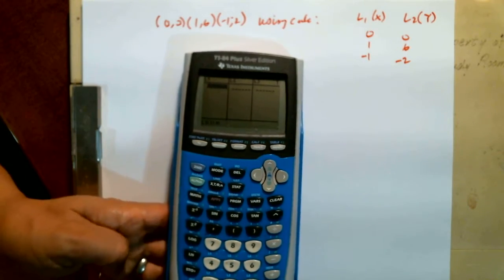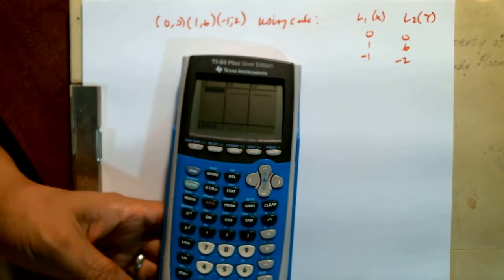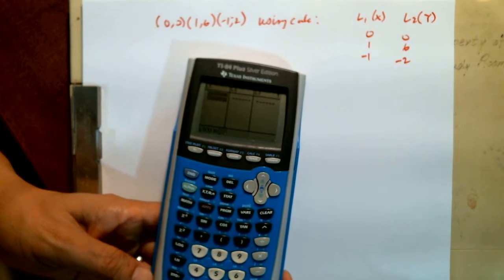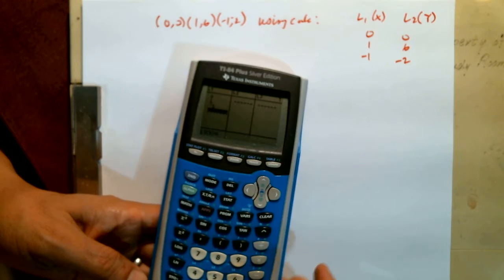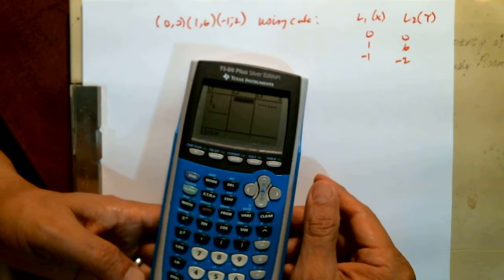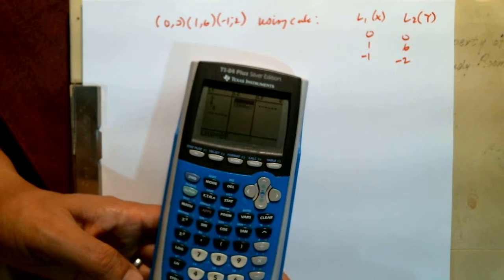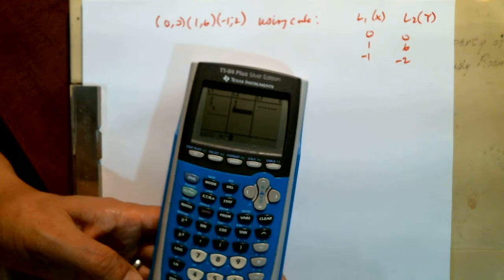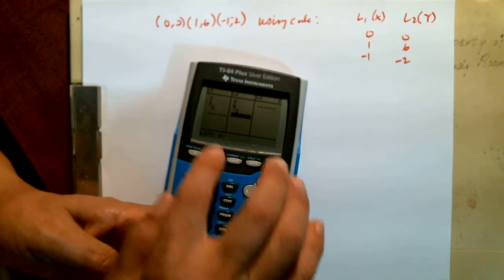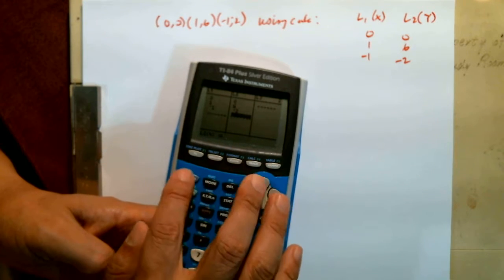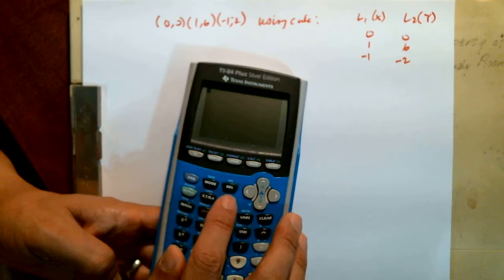Let's see if that works or not. List 1 is 0, enter, 1, enter, -1, enter. Use the right arrow key to get to the list 2 column. 0, enter, 6, enter, -2, enter. Okay, so I made 2 lists. I quit. I go into stats again.